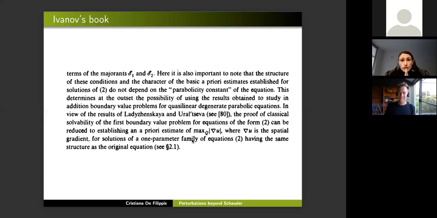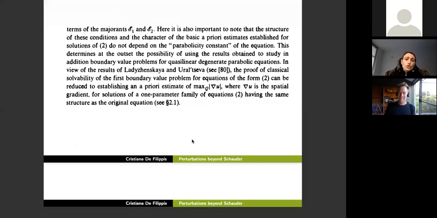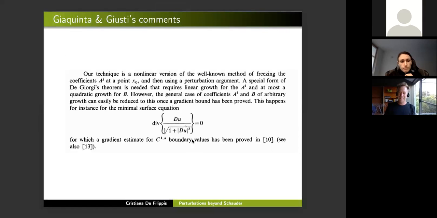So the crucial point here, in order to get Schauder estimates, is first getting L-infinity estimates for the gradient, okay? And this is also confirmed by Giaquinta and Giusti themselves.